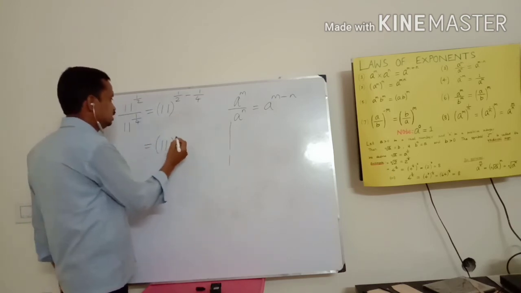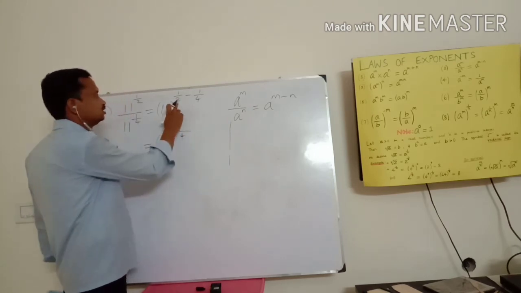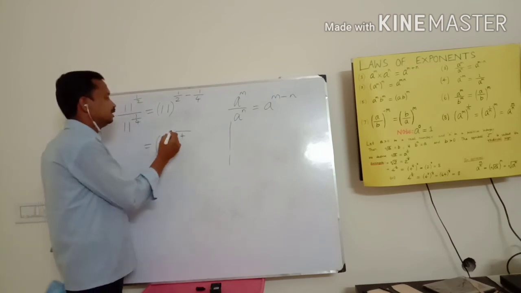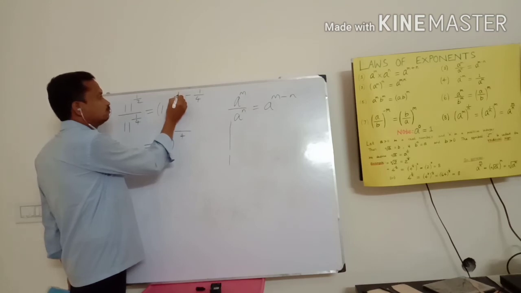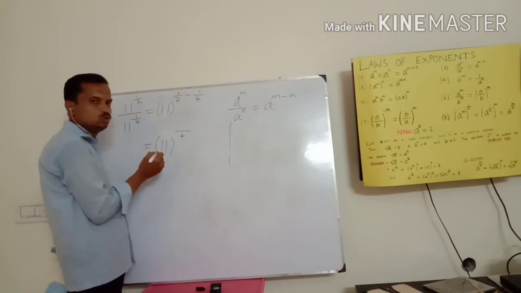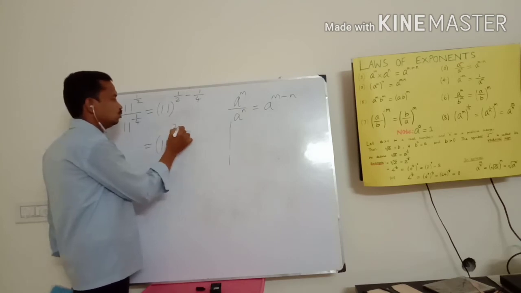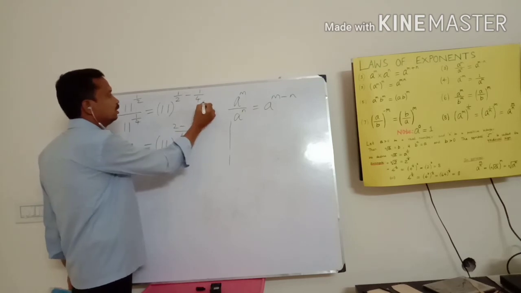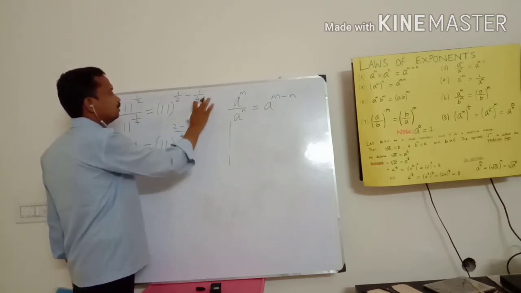So by taking LCM, this is nothing but 4. LCM of 2 and 4 is 4 only. And in the numerator, 1 is there. So here we have to multiply by 2 to get 4. So 1 into 2, 2 minus here 4 into 1, 4. So 2 minus 1 means what do you get? 1.